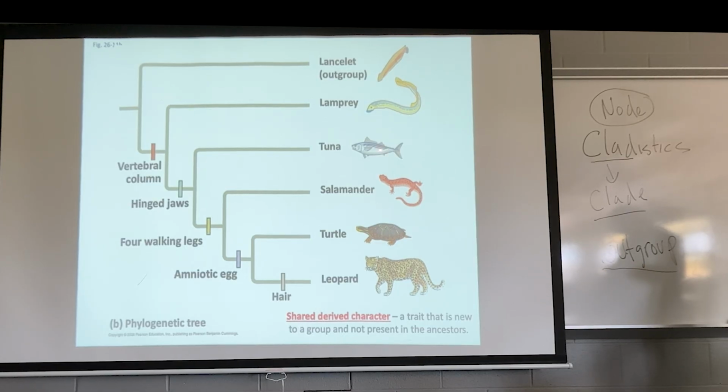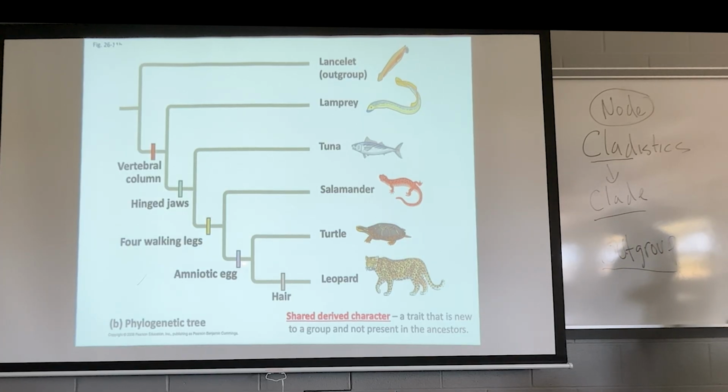Then we have fish and then 4-legged organisms. So we're going to separate fish from the 4-legged animals by using 4 legs or 4 appendages as our synapomorphy that separates salamanders, turtles, and leopards from fish. And then we'll use the amniotic egg and hair to separate out the rest of our vertebrates.